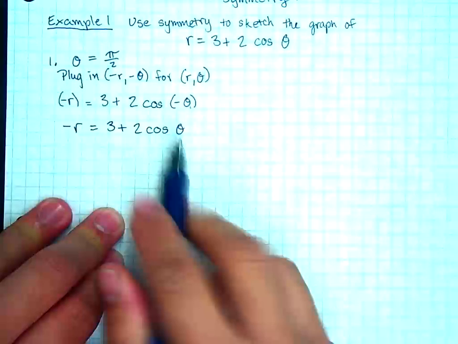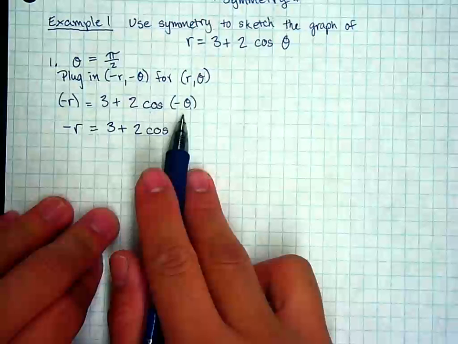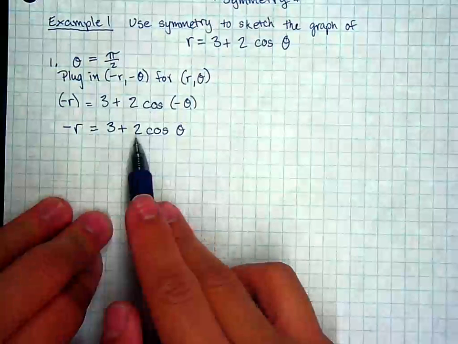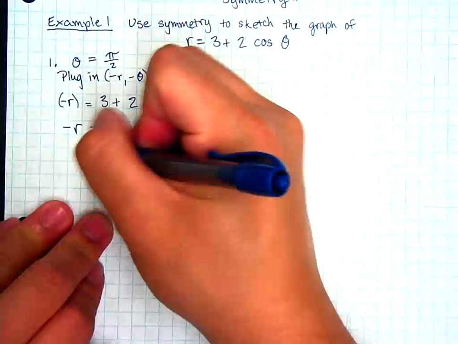If you need to remind yourself of that, make sure to look back into the trig chapters. Because basically what we're saying here is if we go in the negative direction of a certain degree, we're going to still get the same exact value. Okay? So negative r equals 3 plus 2 cosine theta. That does not match up with our original. So we do not have symmetry here. So, nope.